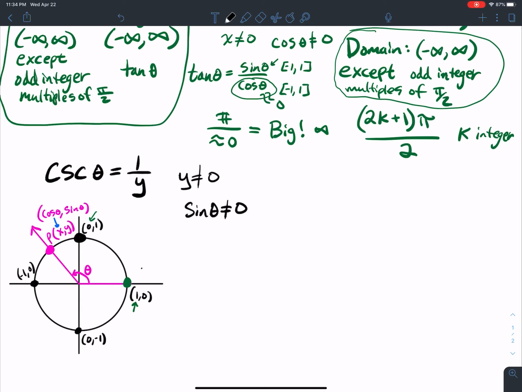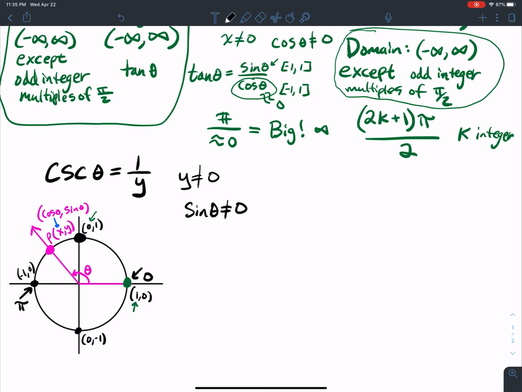It's equal to 0 here at 0, but it's also equal to 0 at theta equal to pi. And then if I keep going all the way around, 2 pi, 3 pi, 4 pi, and so on, right? So multiples of pi here are no bueno, okay?